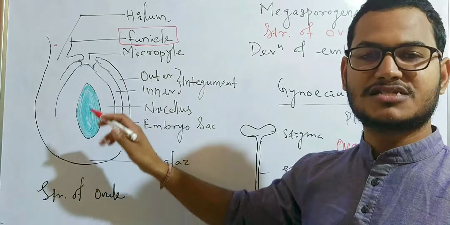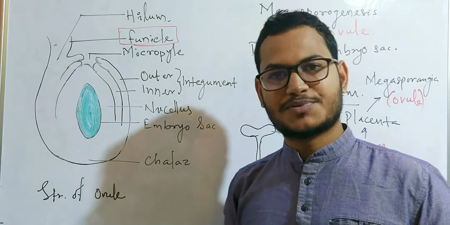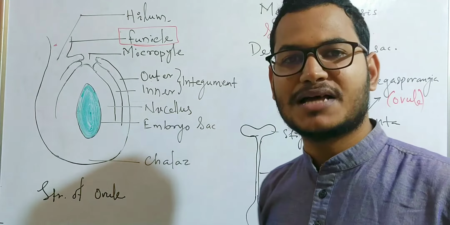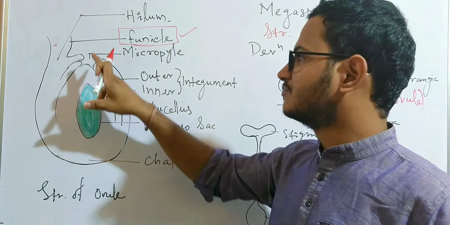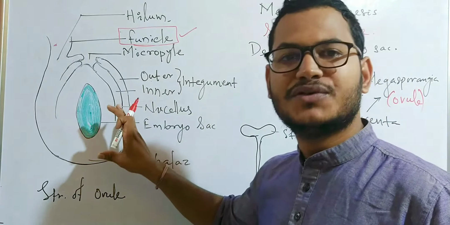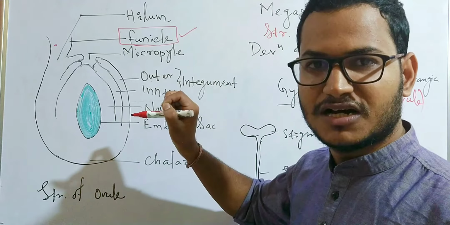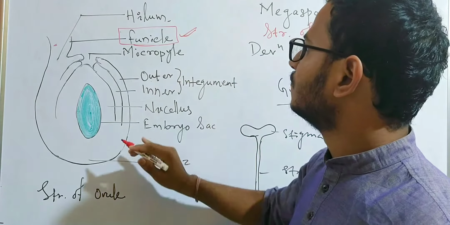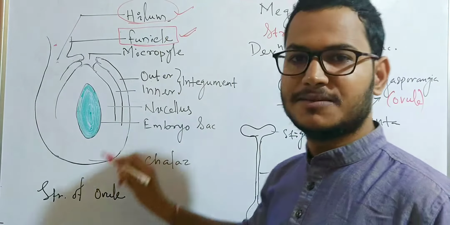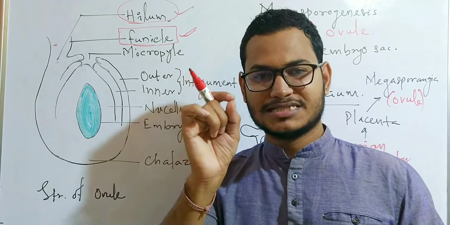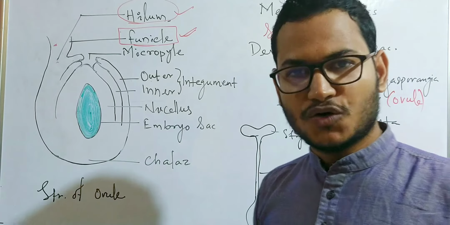We studied the structure of placenta in class 11. The funicle is responsible for the attachment of the ovule with the placenta, and the attachment point of the funicle with the ovule is known as the hilum.